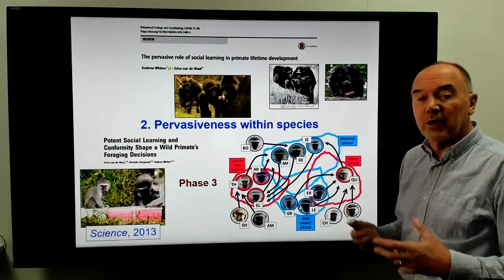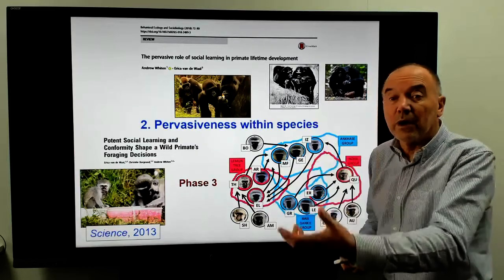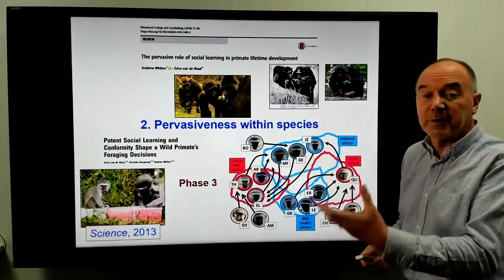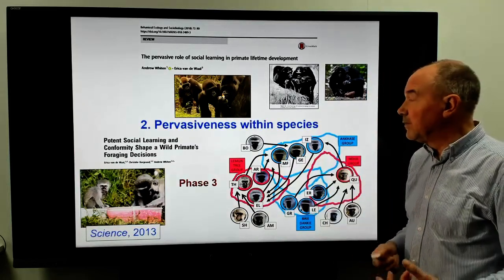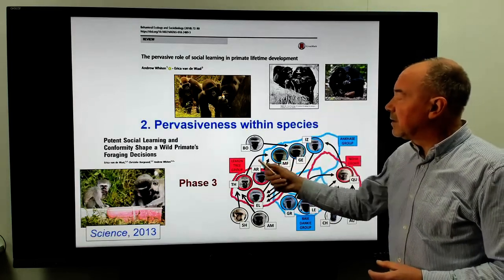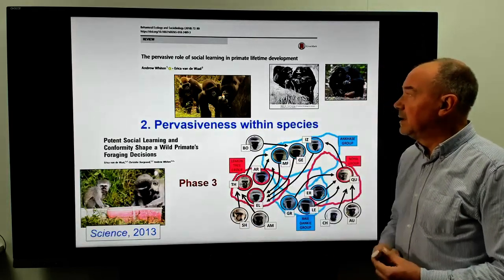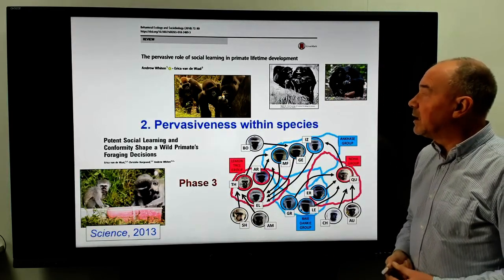And what's one of the quickest and easiest ways to learn about that? Well, to watch what others do, what others eat, who others pay particular respect to perhaps, and so on. So you'll hear more about that later. But that's an illustration of the pervasiveness of culture across these different phases in primates.